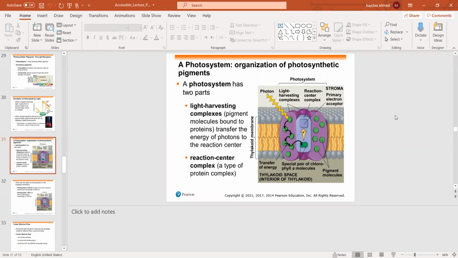The solar-powered transfer of an electron from the reaction center chlorophyll A pair to the primary electron acceptor is the first step of the light reactions.